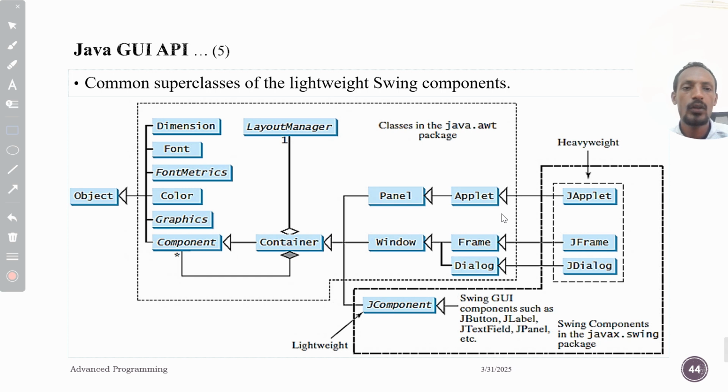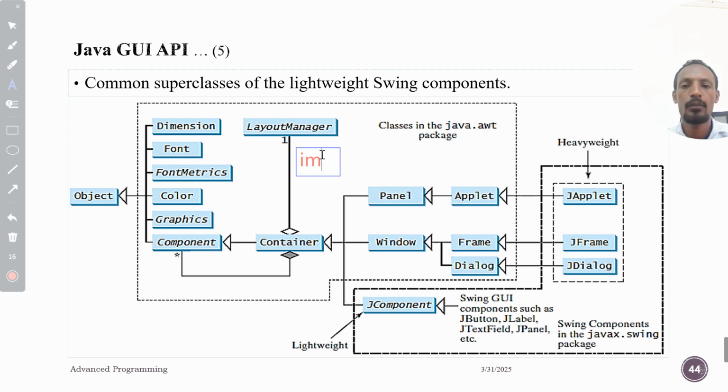When they come to the Swing part, they are JApplet, JFrame, JDialog. The AWT classes are available in the java.awt package.